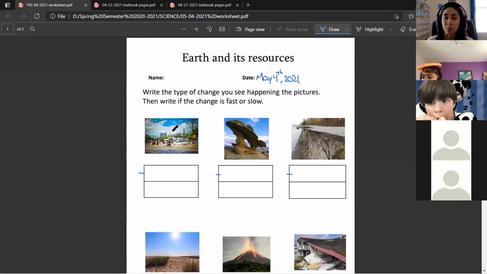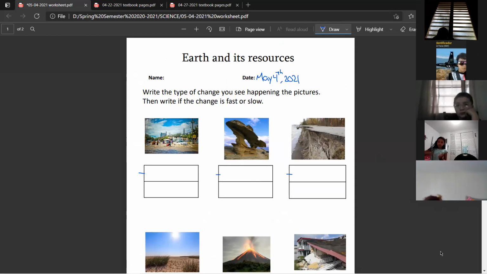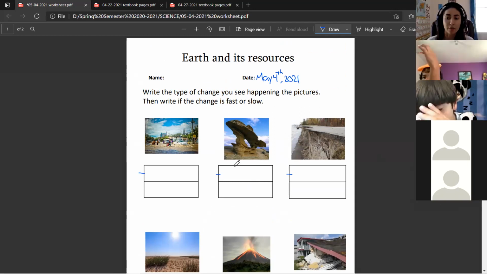Look at the first picture. What change is this? What change is happening in the first picture? What is that called? What change is happening in the first picture?